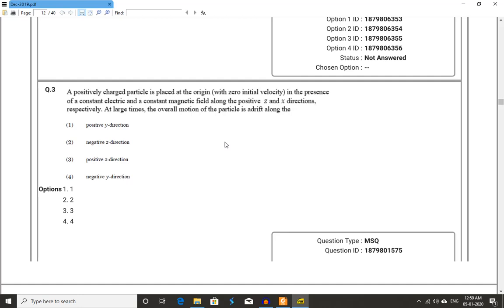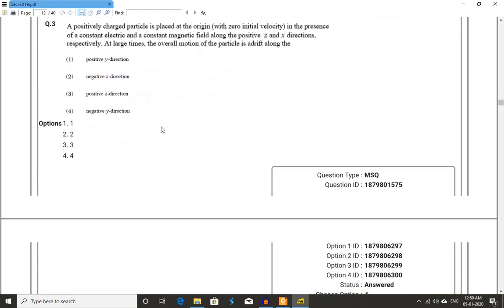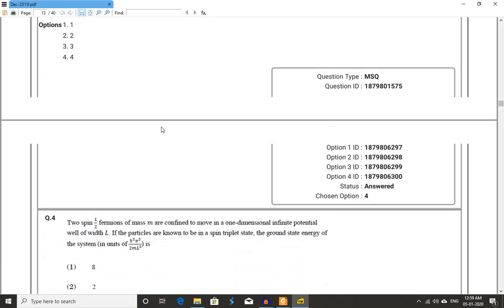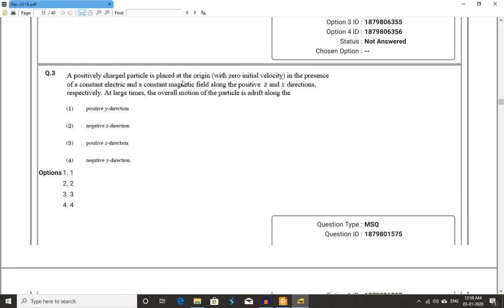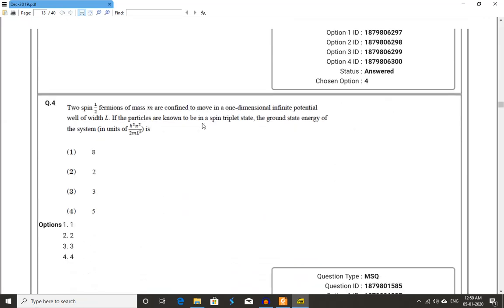Don't forget the Lorentz force law, sorry, not Lenz, Lorentz force law: force equals Q times E plus V cross B, and you will get the option. So that is as simple as that, a plus 2 level question.